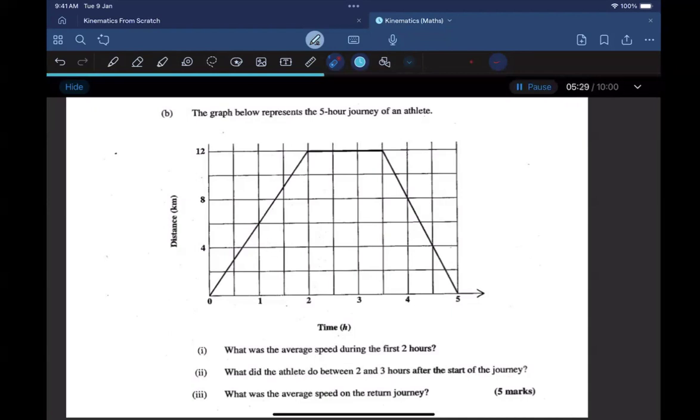Why do you say that? Is the distance increasing? No, he's not moving. He's staying at what distance from the start line? He's staying at 12 kilometers away from the starting line. Nice.